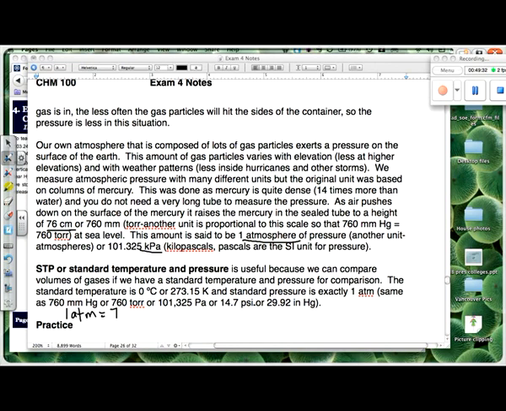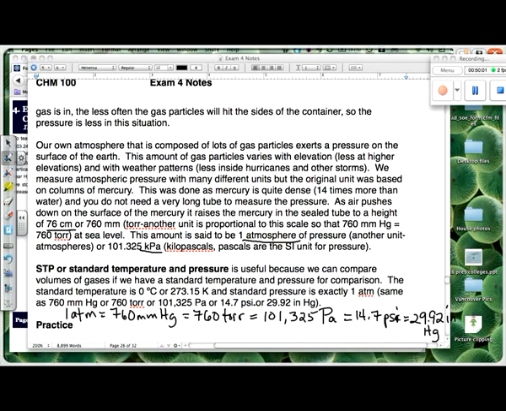So when we start doing some pressure conversions, again, your book has tons of problems on this, and it's just the same as going back and forth between Pa for pascals, PSI for pounds per square inch, and so on. So these are many pressure units, and I've given you the relationship between many of them here in the notes.